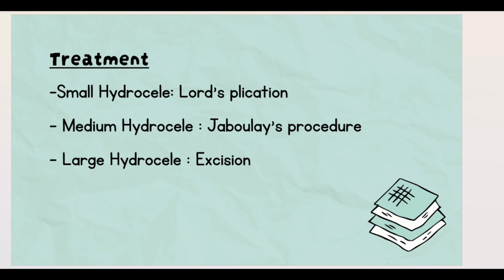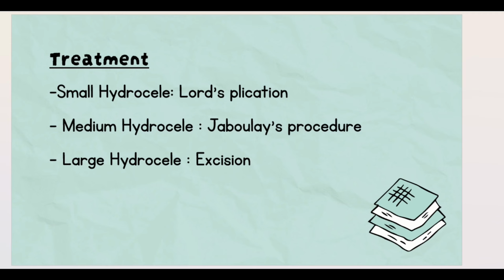Coming to the treatment part, for small hydrocele, we can do Lord's plication. If the sac is small, thin, and contains clear fluid, tunica is bunched into a ruff by placing a series of multiple interrupted chromic catgut sutures so as to make the sac form a fibrous tissue.